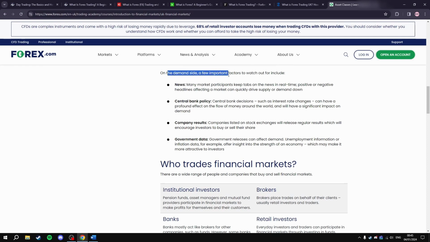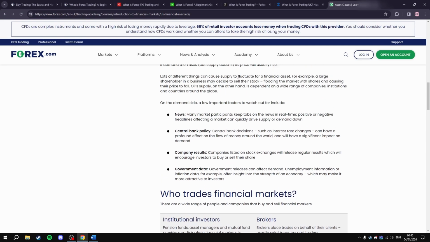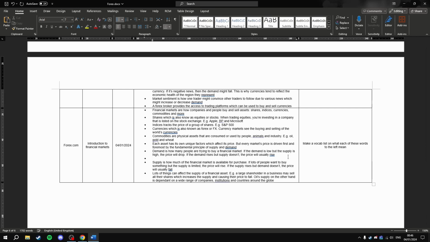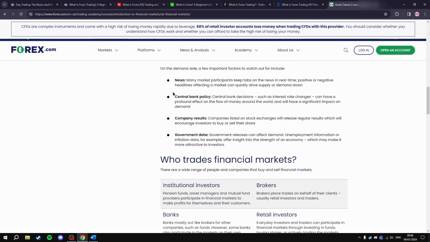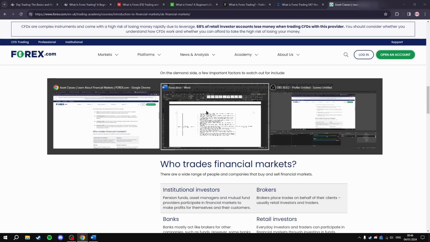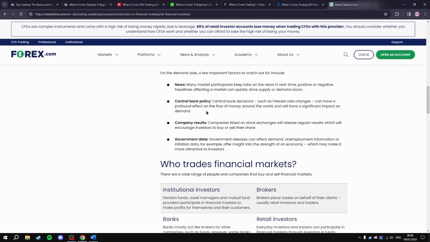On the demand side, a few important factors to watch out for. Lots of things can affect the demand of a financial asset, e.g. news.